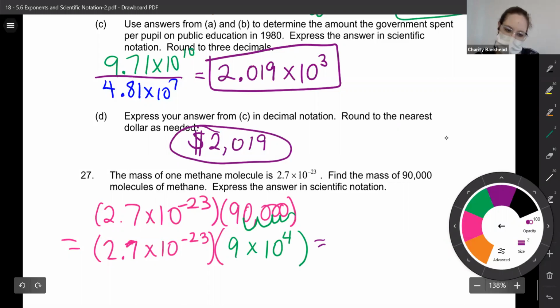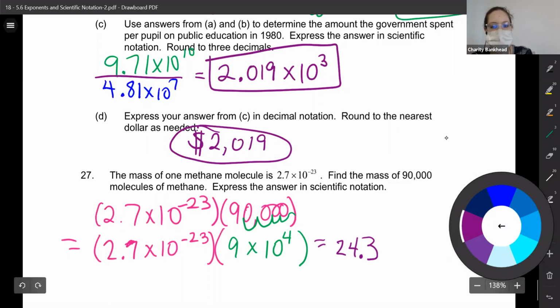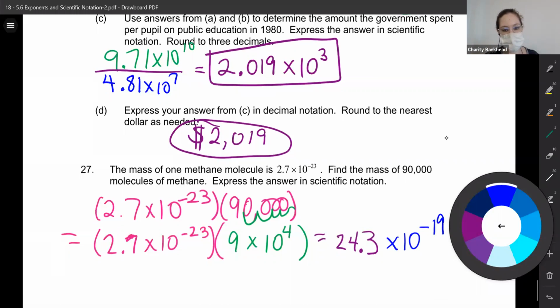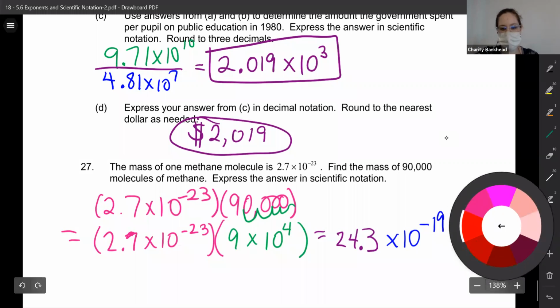So 2.7 times 9 would be 24.3. And then negative 23 plus 4 would be negative 19. But I can't leave it like that, because 24 is not appropriate.